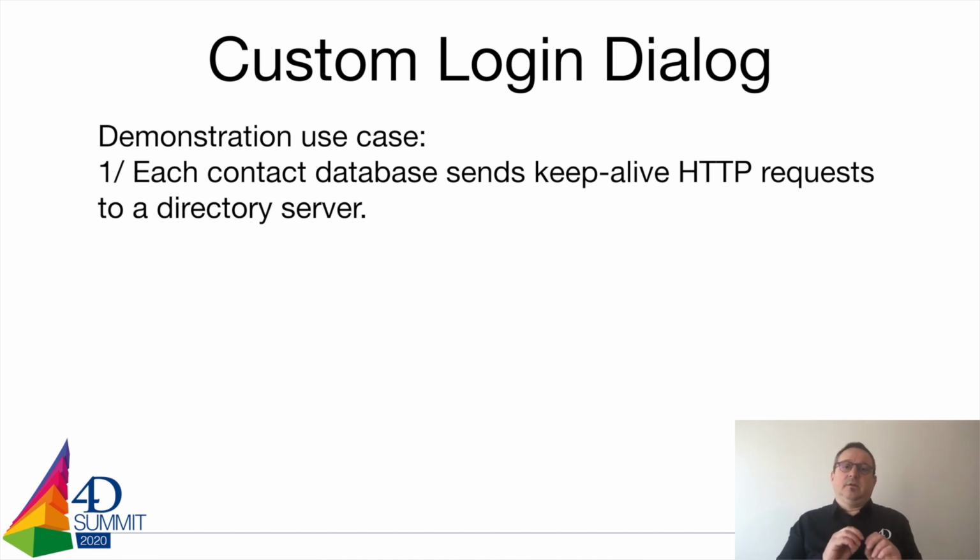Each contact database will send keep alive information to the directory server through HTTP requests, saying every X seconds, I'm alive, and the directory server will keep the list of available servers, and if a server didn't send a request for a long time, it will mark the server as unavailable.